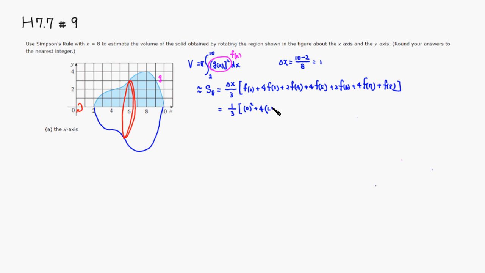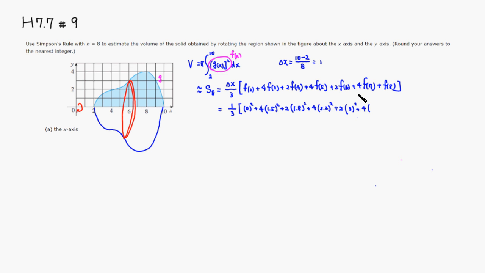So 1.5 squared plus 2 times, the height at 4 is about 1.8, so 1.8 squared plus 4 times f of 5, about 2.2, so 2.2 squared plus 2 times f of 6, I guess it's 3, so 3 squared.